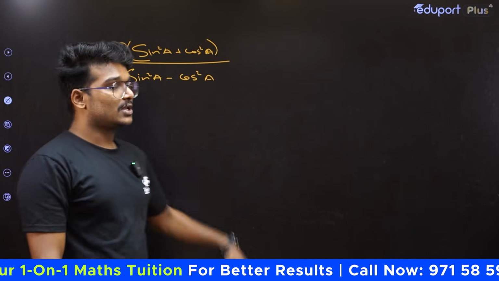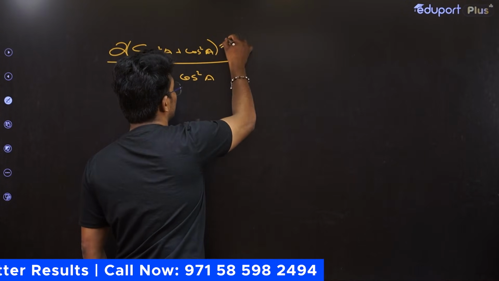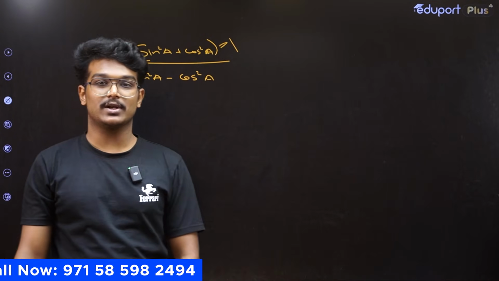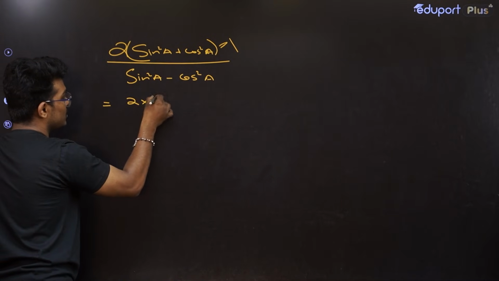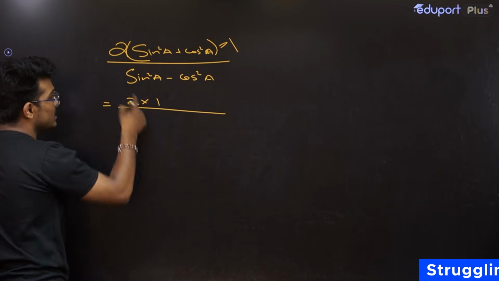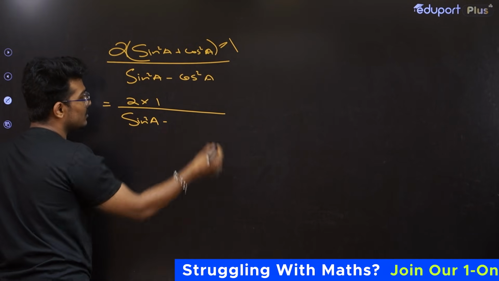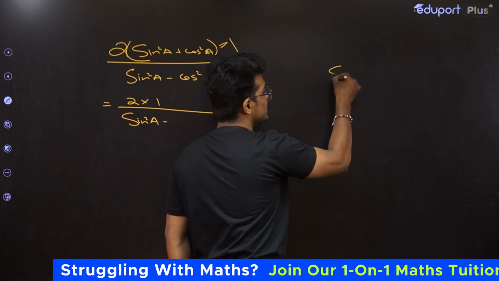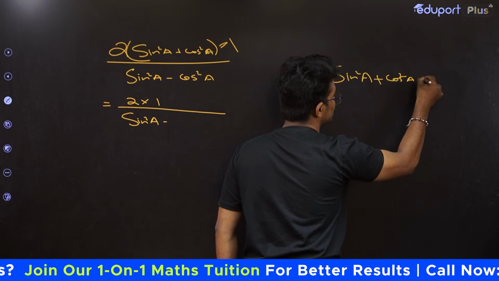So 2 into sin square A plus cos square A, which is equal to 1. Sin square A plus cos square A is equal to 1. So we can write it as 2 into 1 whole divided by sin square A minus cos square A. We already know that sin square A plus cos square A is equal to 1.